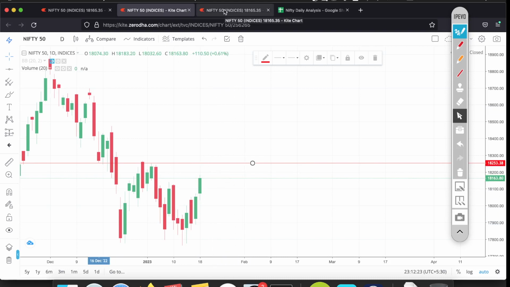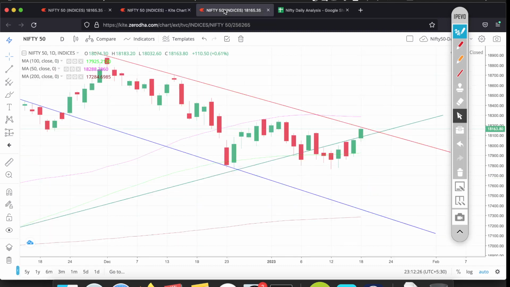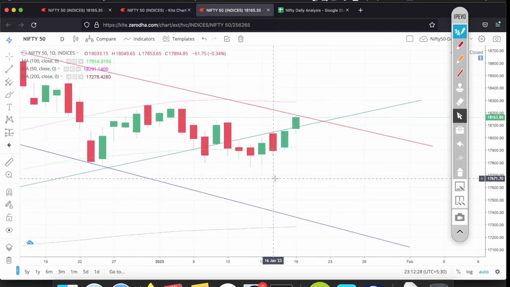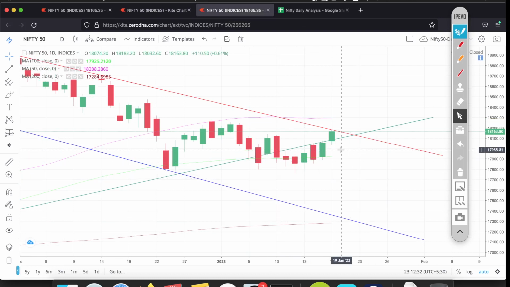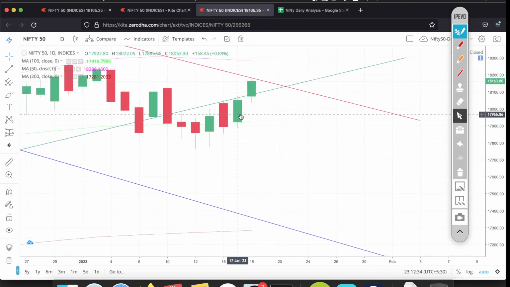So looking at the trend lines, okay, here it shows a different picture. All right, the previous candle on 17th Jan tested this rising resistance line, which was a rising support line for a long time, and it tested it and closed below it.